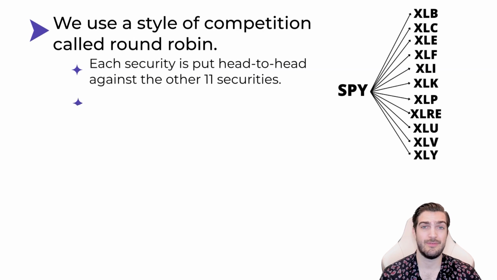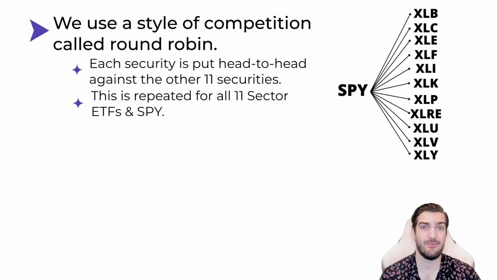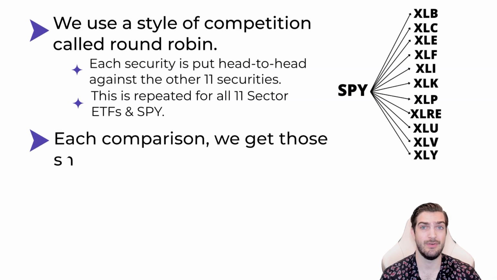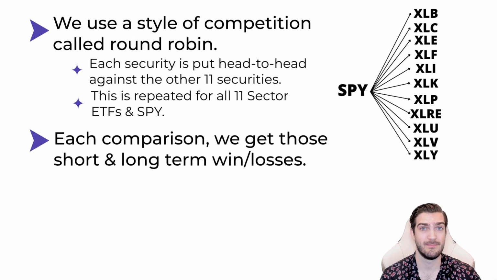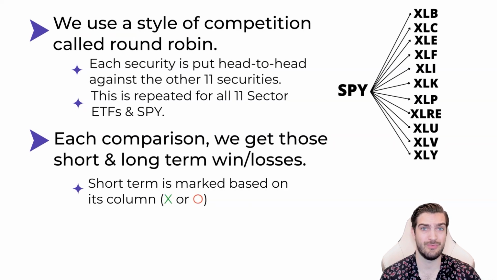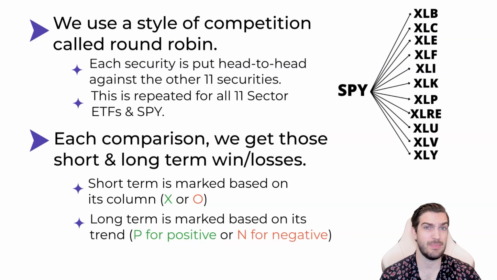For each one of these one-on-one matchups, we look to find what is the current direction and trend for that specific chart. We mark down if it's in a column of X's or O's for its direction, and if it's in a positive represented by a P, or negative represented by an N for its long term.